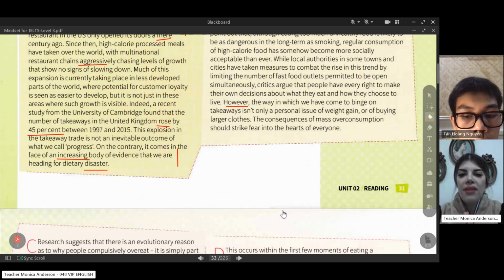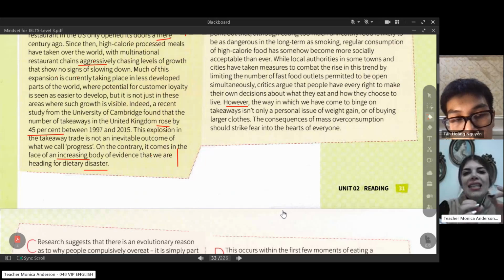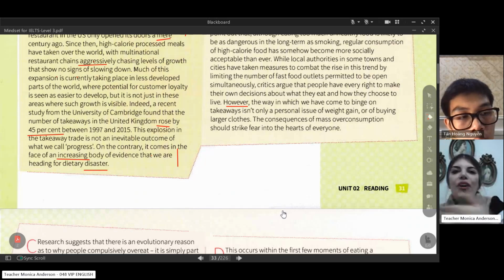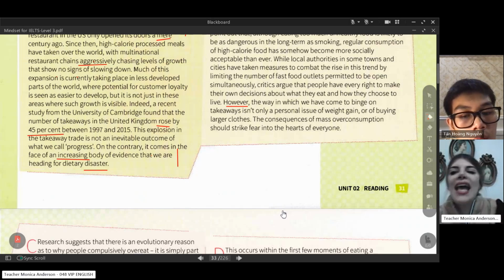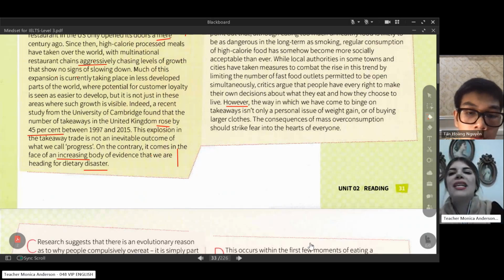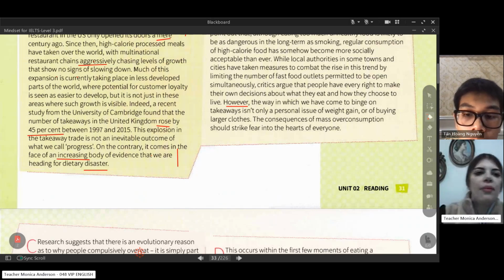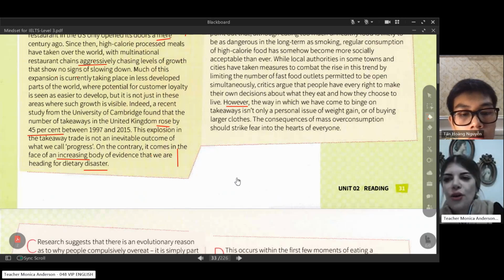But there is something. When we say percent, it means, for example, 45 out of 100, 30 out of 100, 80 out of 100, you notice, okay?